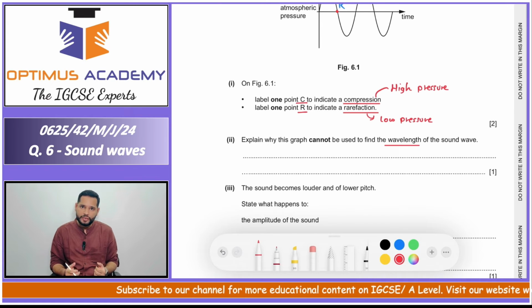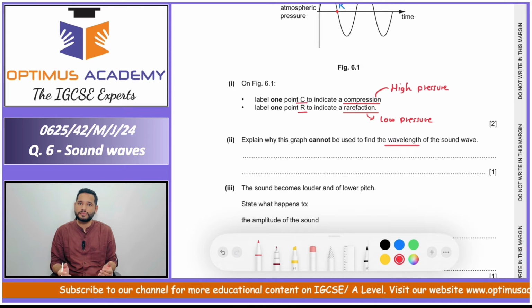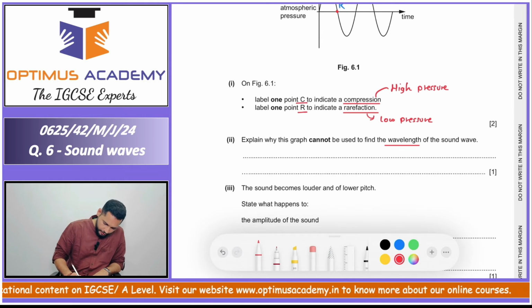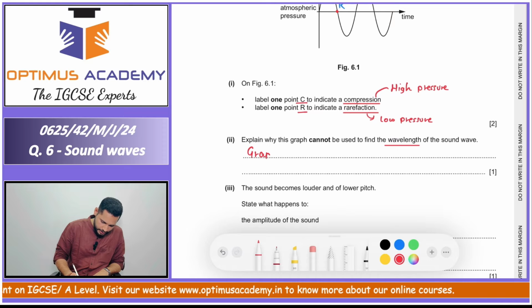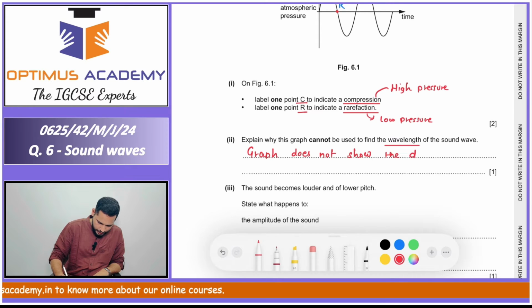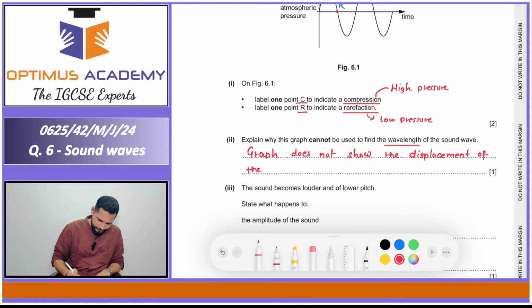The graph that we are given is not showing the displacement of the particles, and that is why we cannot find the wavelength of the wave looking at this graph. So we can write the reason for this is the graph does not show the displacement of the particles.